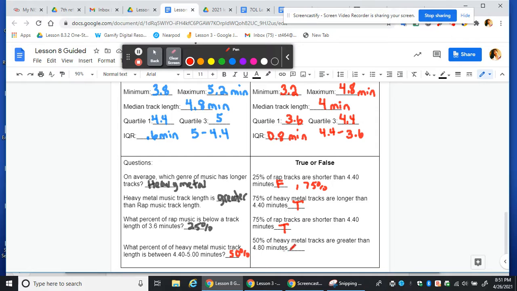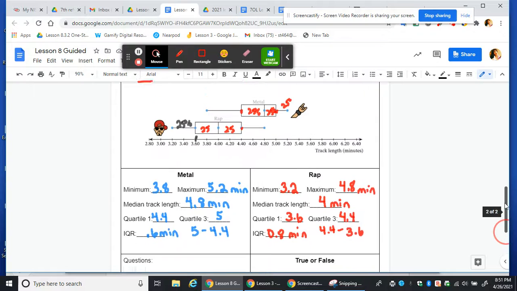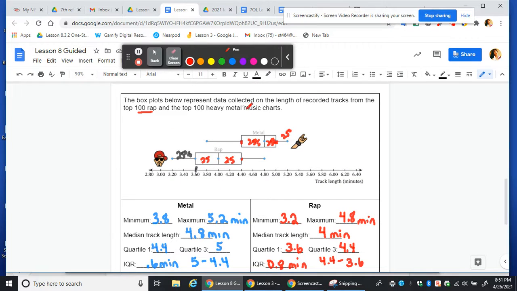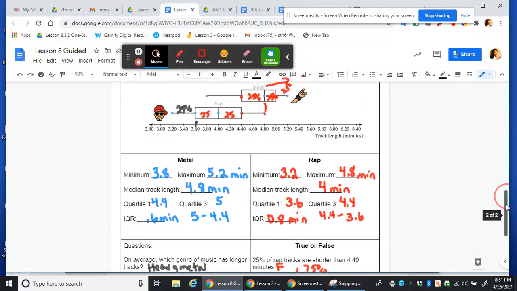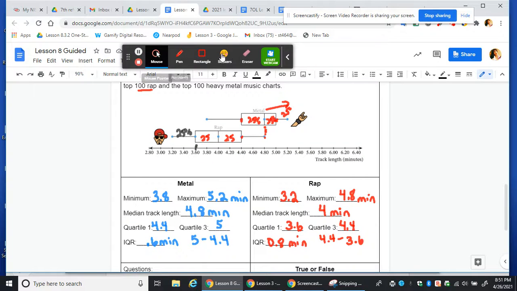All right, and 50% of heavy metal tracks are greater than 4.8 minutes. Let's look at the song length of heavy metal. It says greater than 4.8. Oops, did it say 4.8 or 4.4? Oh, 4.8, sorry. Let me go ahead and erase that.